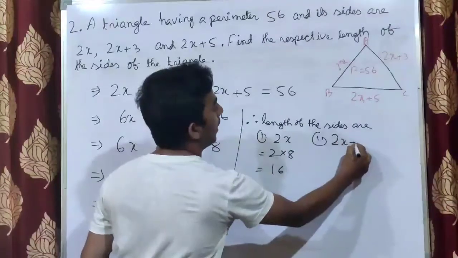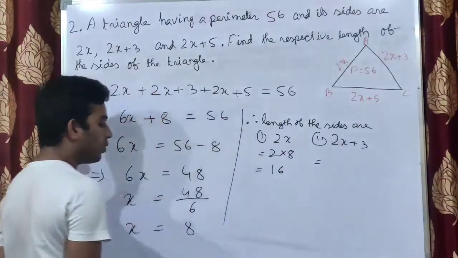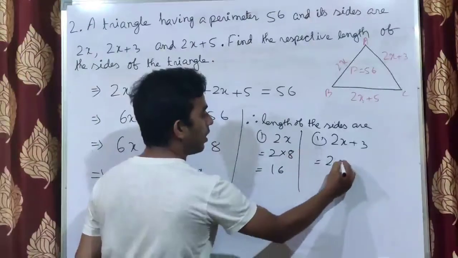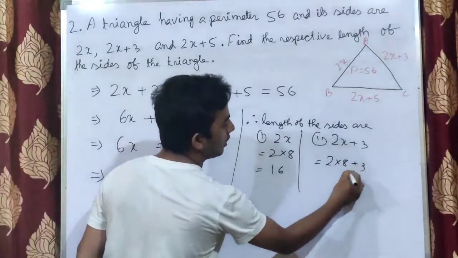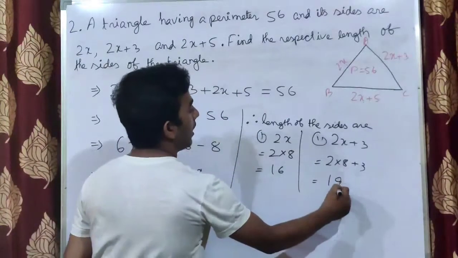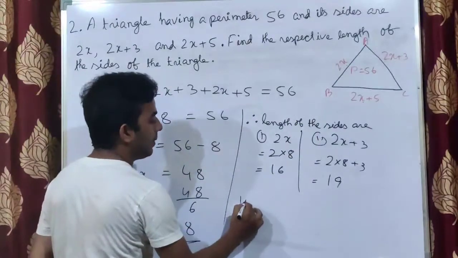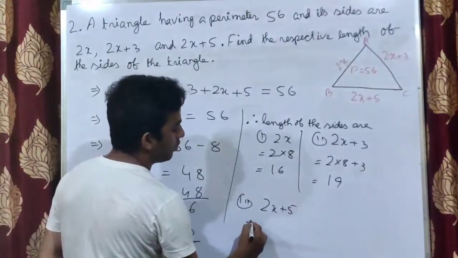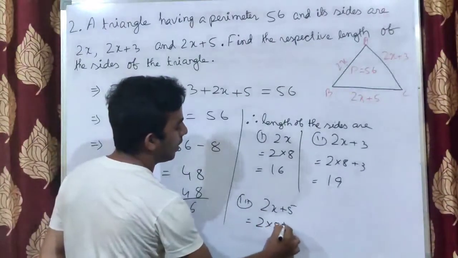2x plus 3. So in place of x what we will write? We will write 8. So 2 into 8 plus 3. So 16 plus 3 is how much? It is 19. Next, third side is what? 2x plus 5. So 2 into 8 plus 5.